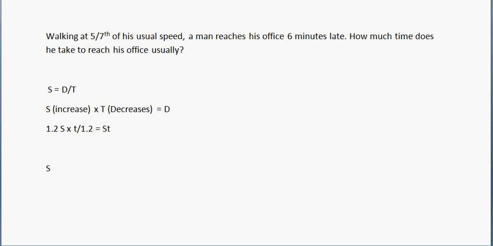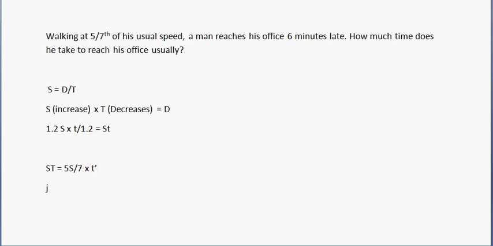firstly, let's say the speed was s and time taken by the man was t, right? Now he is traveling at 5/7 of s, right? So 5s by 7 we can write, this multiplied by new t, let's call it t dash, right?